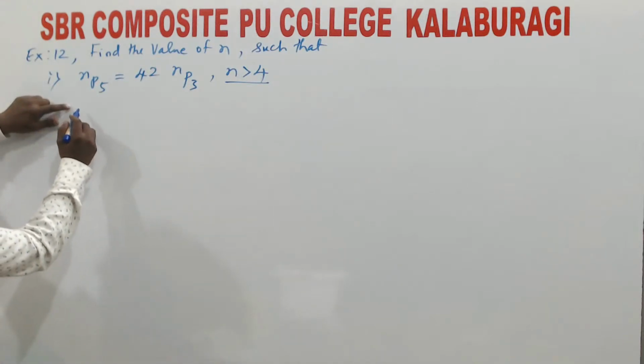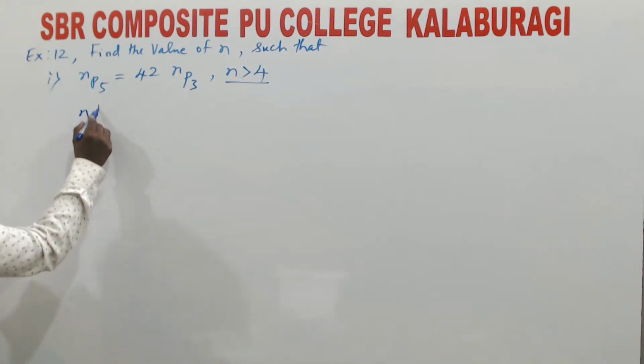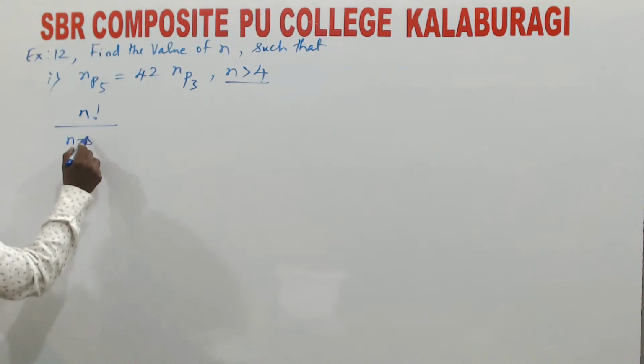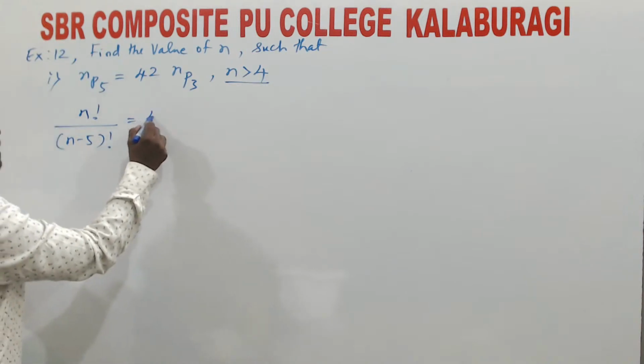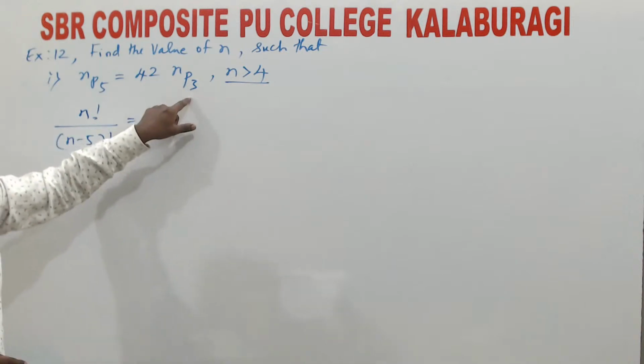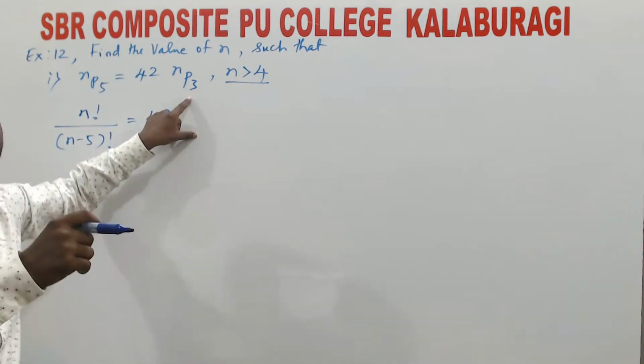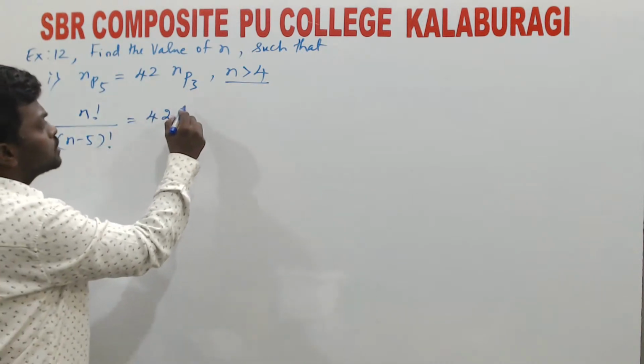Now using the formula, let's simplify. What is nP5? n factorial by n minus 5 factorial, which is equal to 42 times nP3. What's the formula? n factorial by n minus r factorial, students.